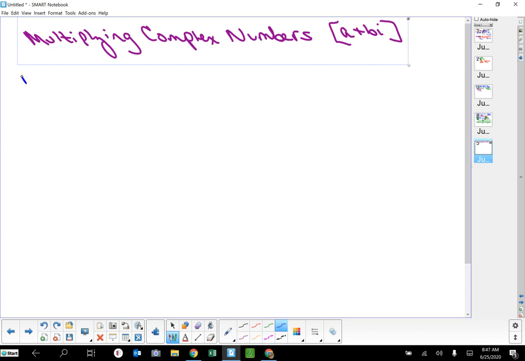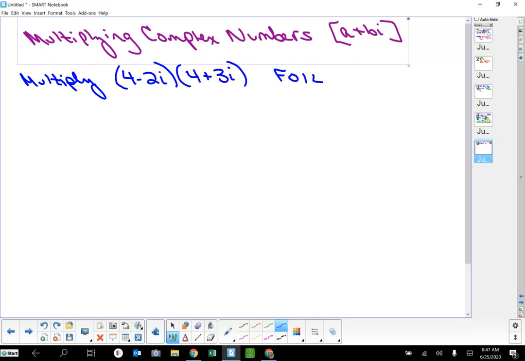You may see something that says multiply 4 minus 2i times 4 plus 3i. Well, you're just going to FOIL this out. And you're pretty good at that by now, so we'll just go and do this. We get 16 plus 12i minus 8i minus 6i squared.